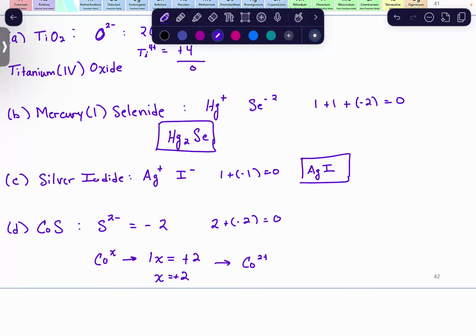So the name of this is going to be cobalt 2. Oh, it's not selenide, it's sulfide. I'm dumb. Whoops. S is sulfur, it's not selenium, it's sulfur. Cobalt 2 sulfide.